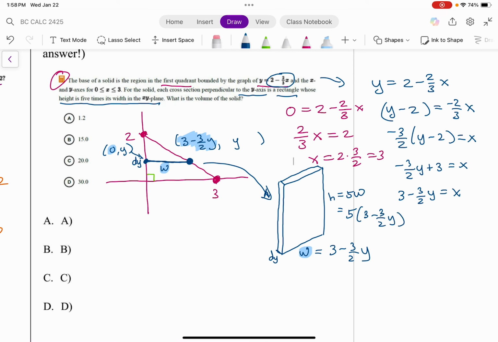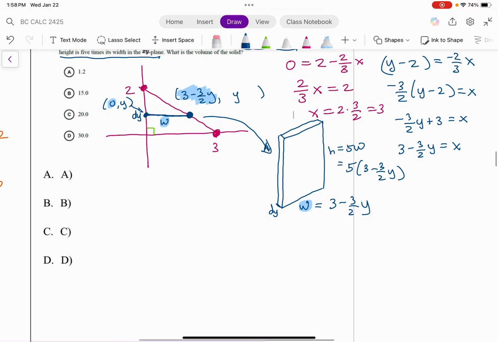So the volume of this slice here is width times height times thickness. Now we know that the width is 3 minus 3 halves y.